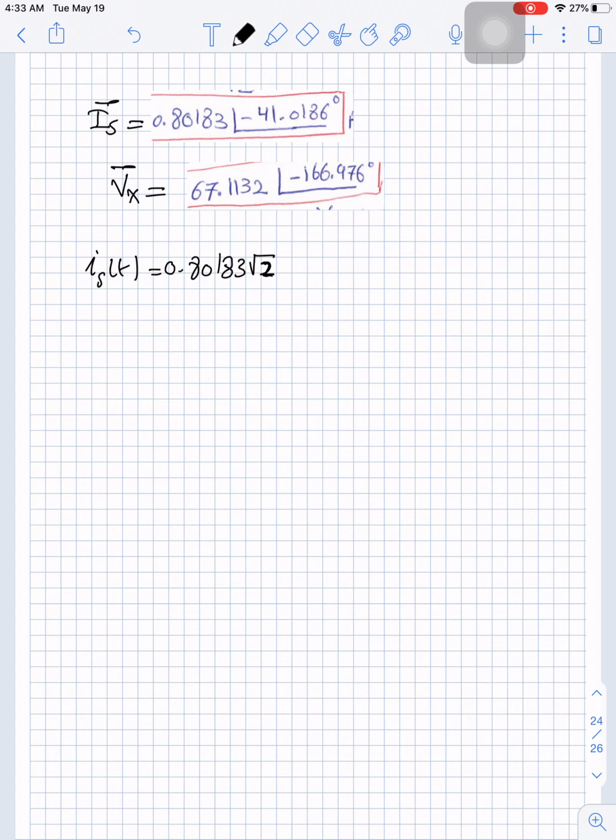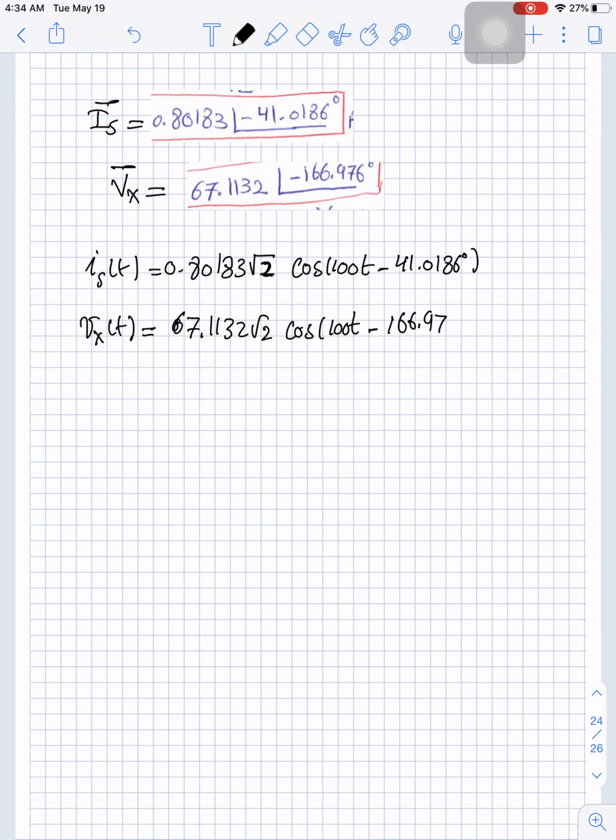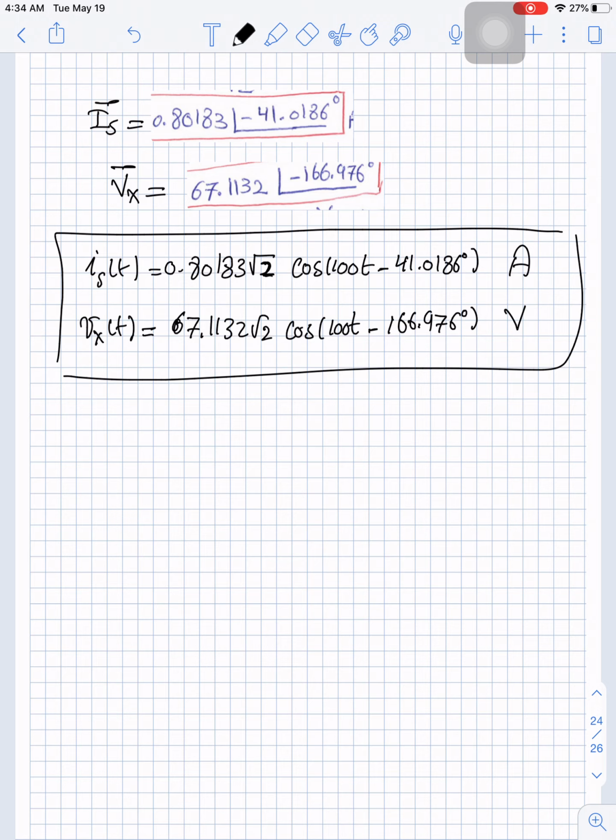So when we move from frequency to time, we multiply by root 2, cos 100t minus 41.186 degree, and Vx of t, the voltage of the current source, will be 67.132 root 2 cos 100t minus 166.976 degree. This is in ampere and this is in volt, and this will be the solution in time domain.